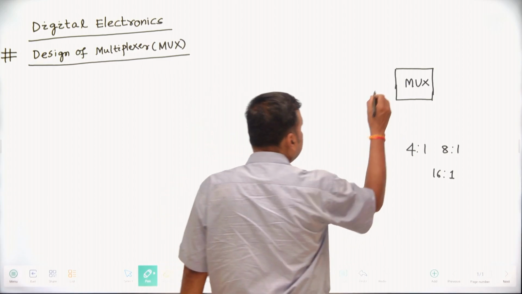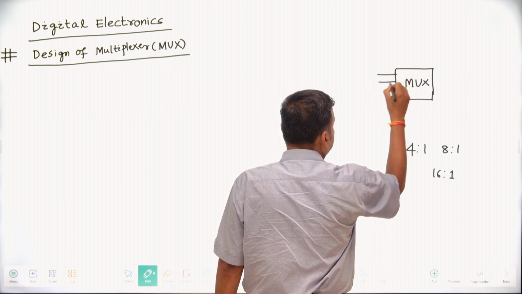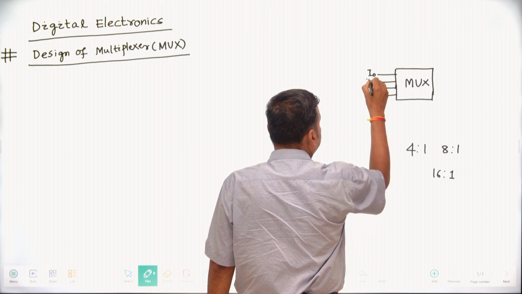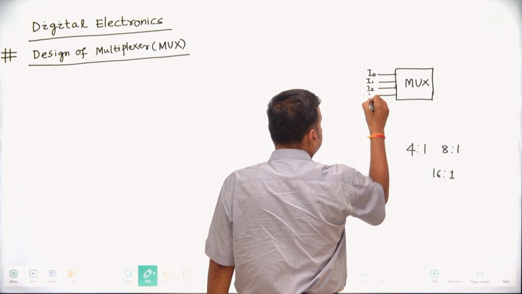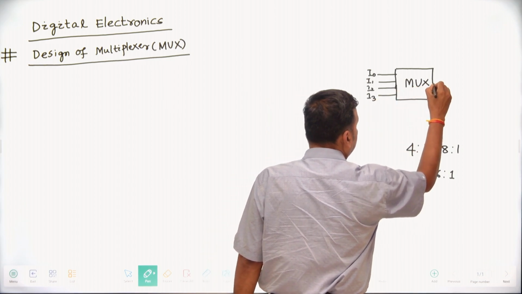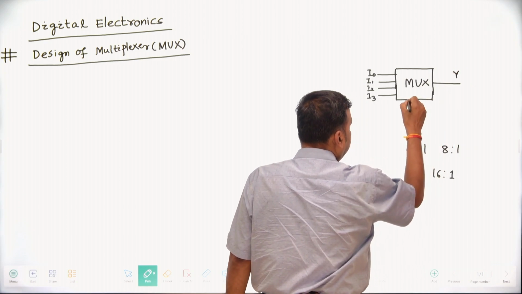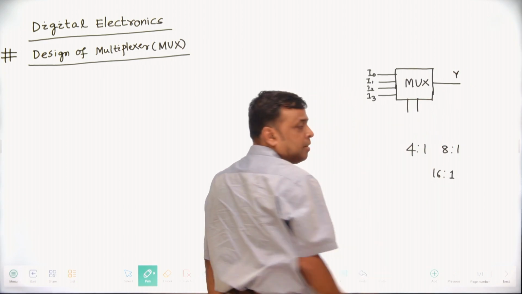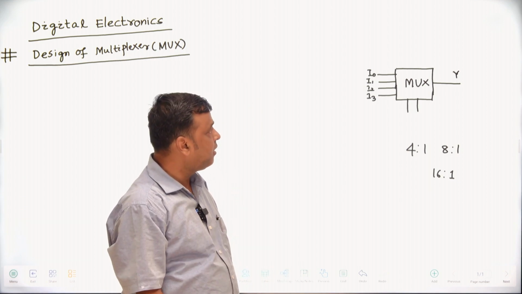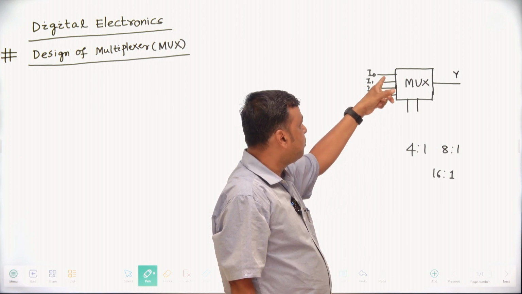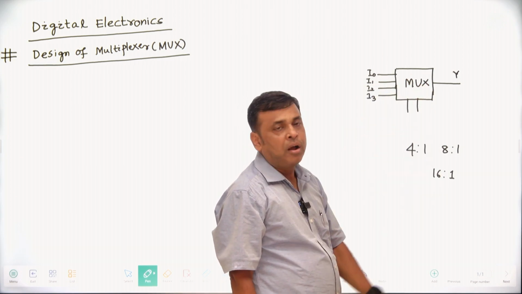If it is a 4:1 multiplexer, there will be 4 inputs, I0, I1, I2, I3, and only one output. Another thing is there will be a selector line. The selector line selects which one of the inputs will be passed to the output.